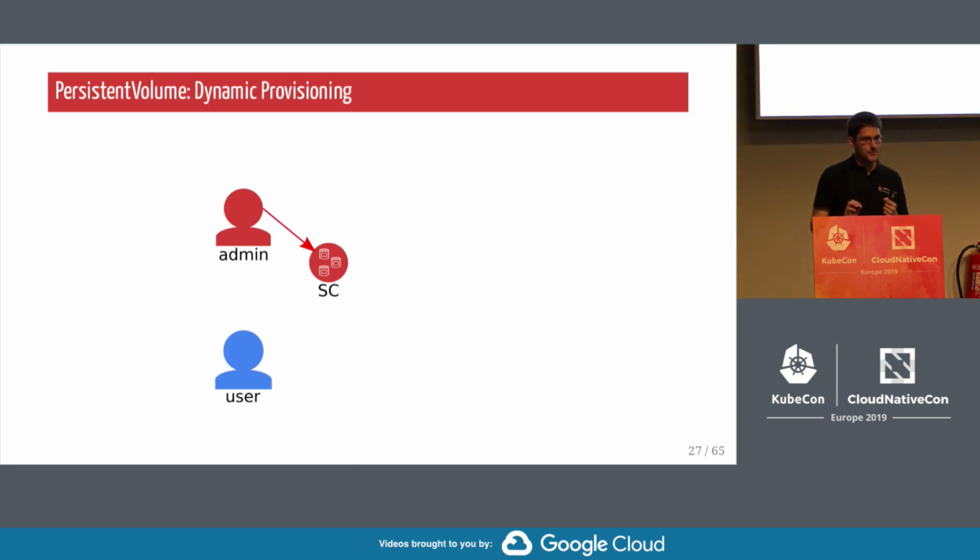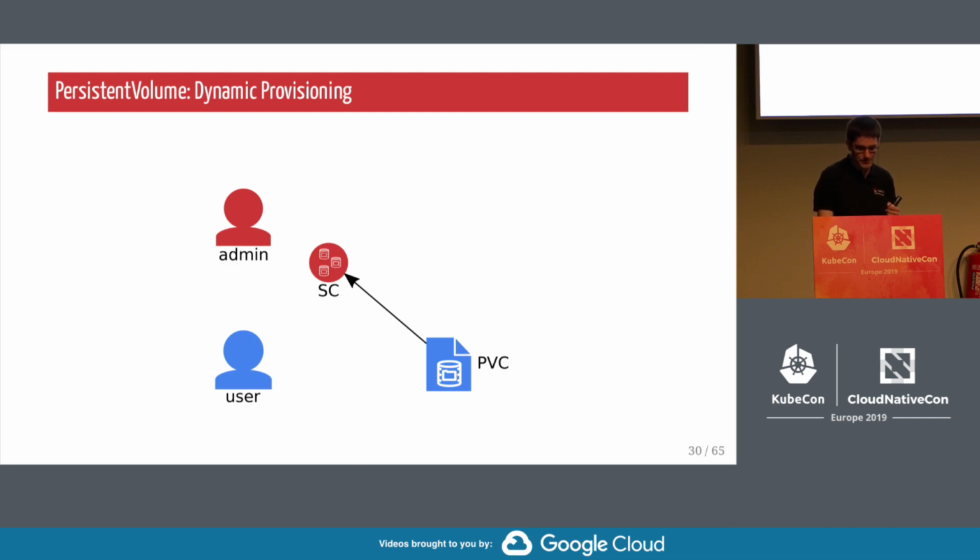The persistent volume can be created in two ways. The first one is dynamic provisioning. You should use that in your clusters, where the administrator just creates a storage class, and when a user creates a persistent volume claim, it either references a concrete storage class or no storage class and gets the default one.